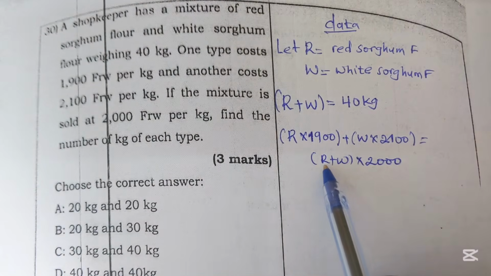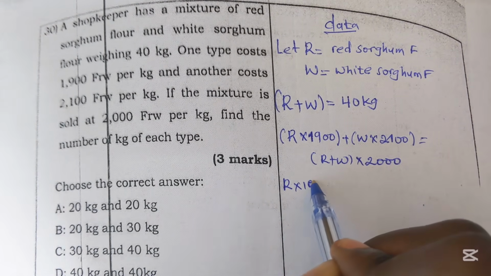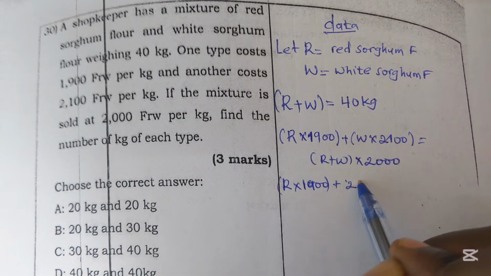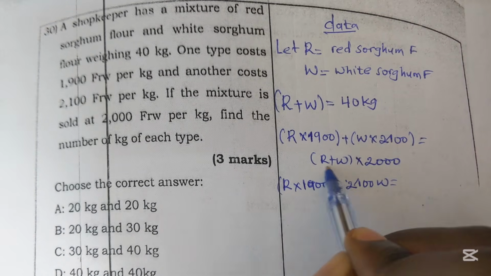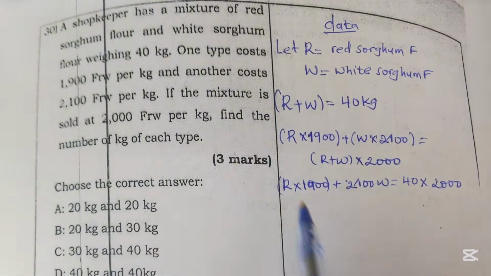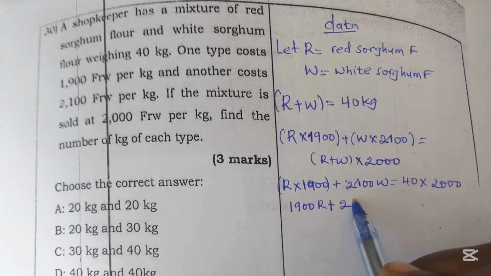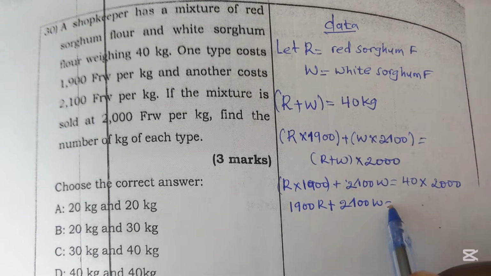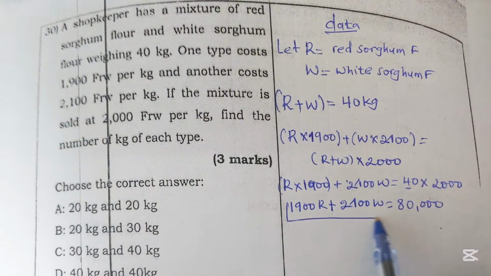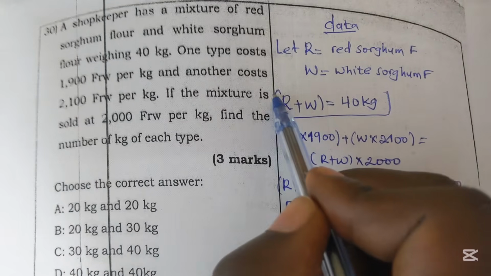We know that this is 40, so this will be R times 1900 plus W times 2100 equals 40 times 2000. So here will be 1900 R plus 2100 W, which is equal to 80,000 as equation 2, whereas this one should be equation 1.